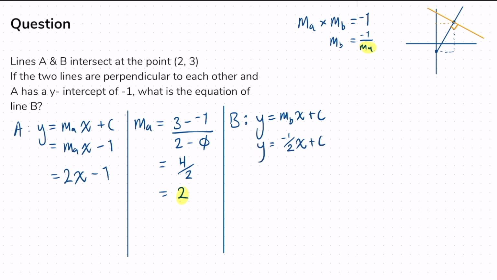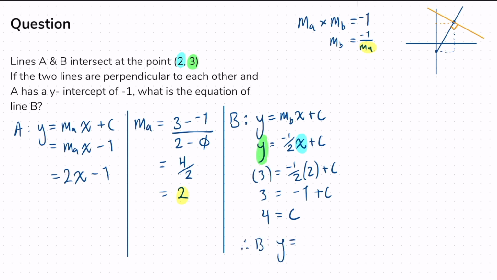The other thing I know about B is that the point 2, 3 lies on the line. So I'm going to substitute 2 for x and 3 for y to find c. So we get 3 equal to -1 over 2 times 2 plus c. Let's resolve this. I add 1 to both sides, giving me 4. Therefore, B is y equal to -1 over 2 x plus 4.